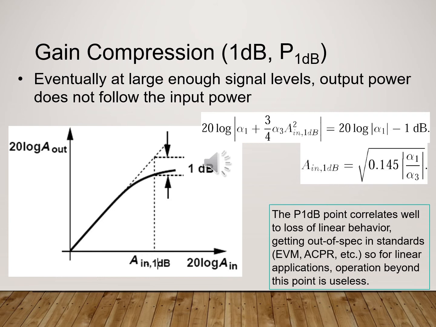For linear applications, operation beyond this point is useless. So we defined the 1 dB point to determine the linearity of the system. After this point, we cannot predict the gain or any other parameters or the behavior of the system overall.